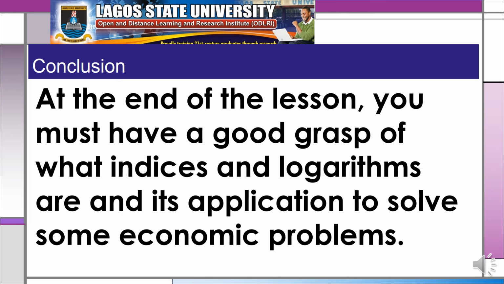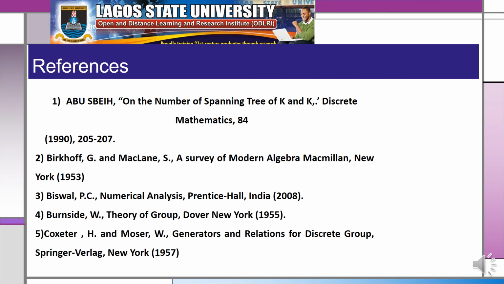Given any two statements P and R, write out the truth table for the following exercise given below, up to A, C, D, and F. These are references you can go into and pick some more examples for further study.